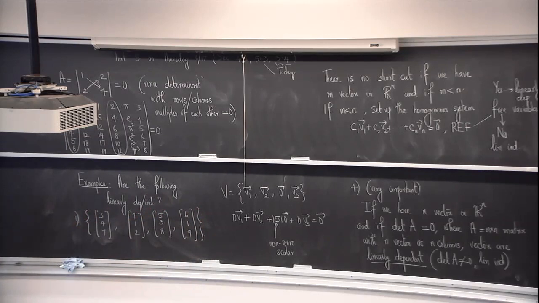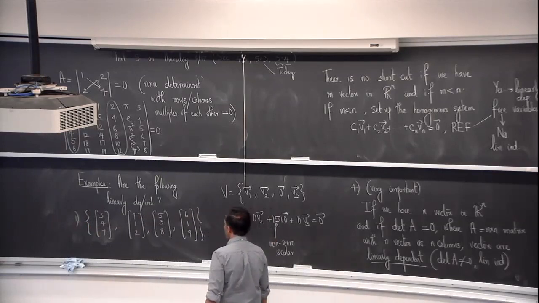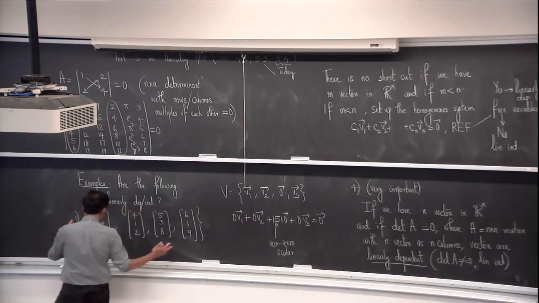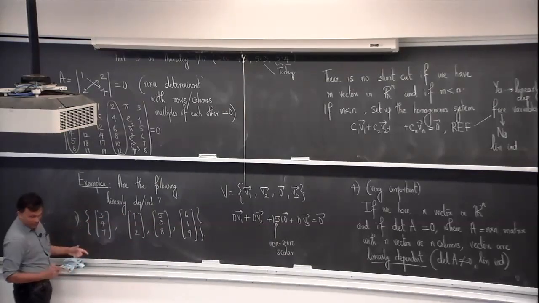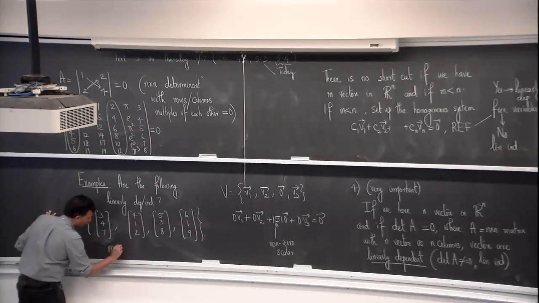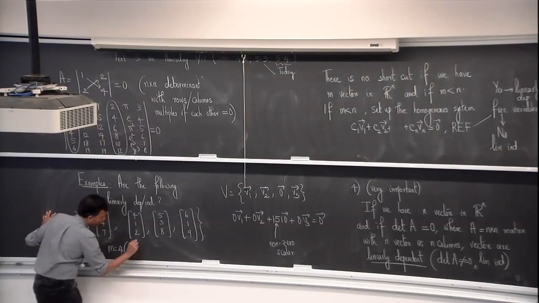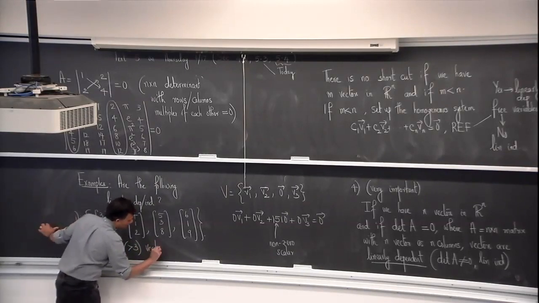What do you think? Are these vectors linearly dependent or independent? Dependent. And which shortcut are we using? 2. So we have 4 vectors in R3, R3 because there are 3 components. So m equal to 4 is greater than 3 vectors in R3.